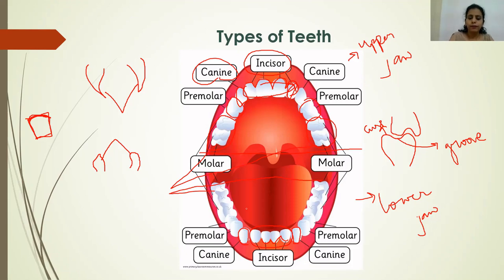If you look at this diagram of the mouth, altogether in the upper jaw we have 16 teeth. How many teeth are present? 16. And even in the lower jaw we have 16 teeth.